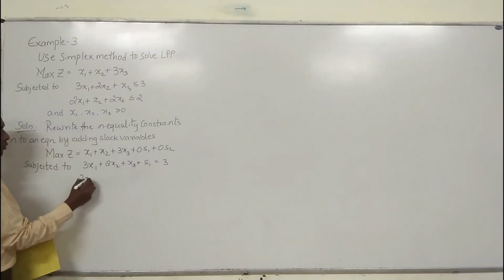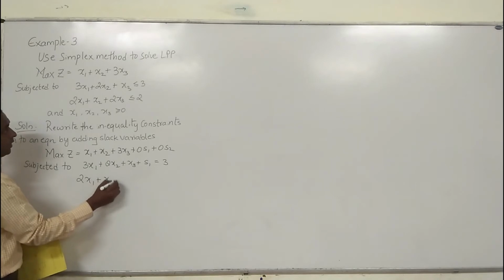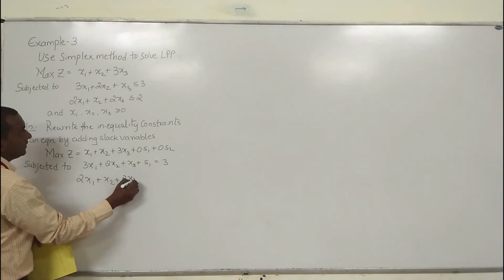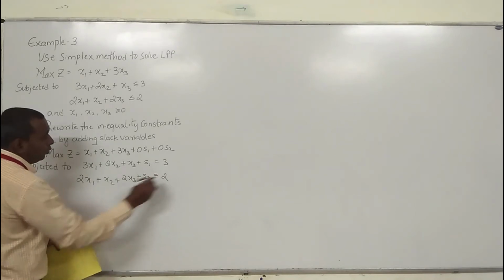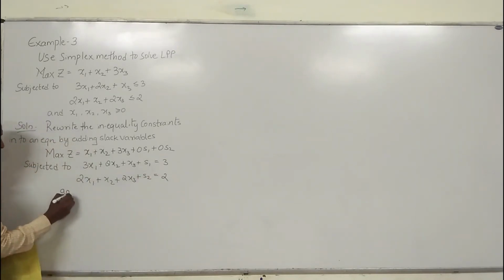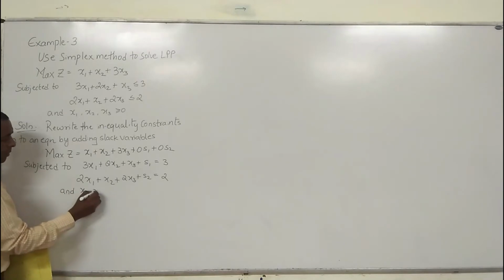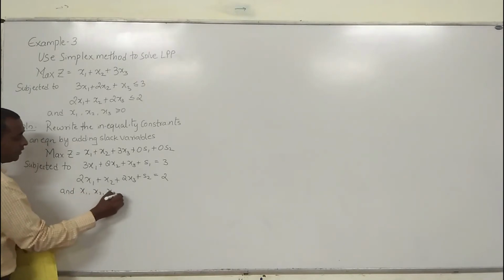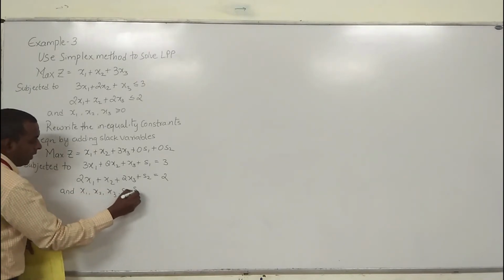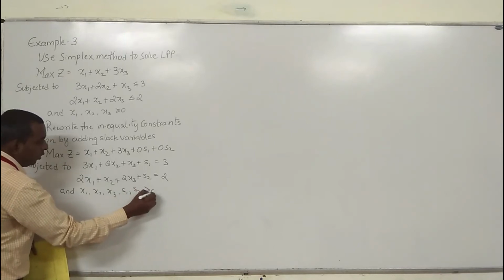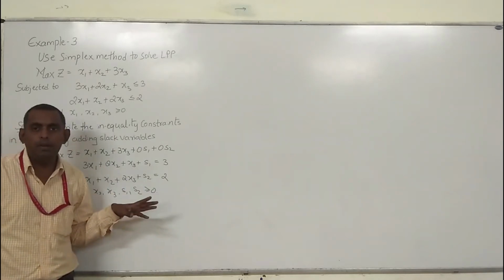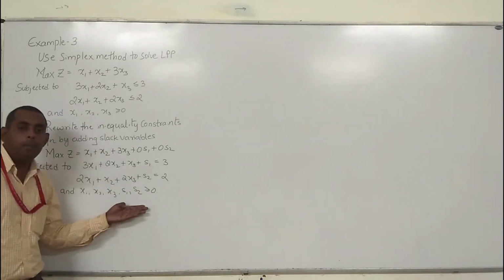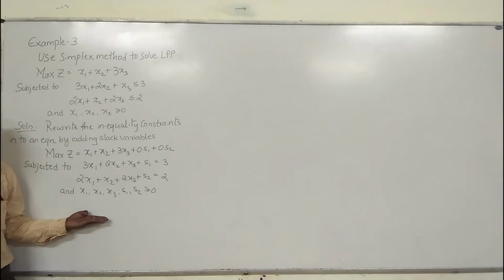Then 2x1 plus x2 plus 2x3 plus s2 is equal to 2. And x1, x2, x3, s1, s2 are greater than or equal to 0. So by adding these slack variables, now this LPP is in standard form.